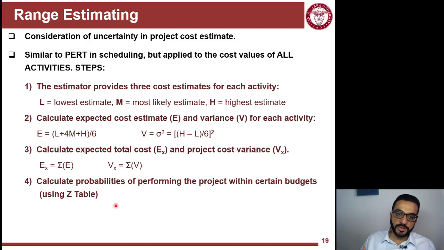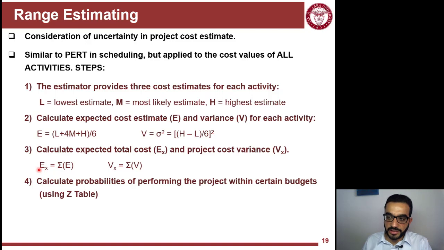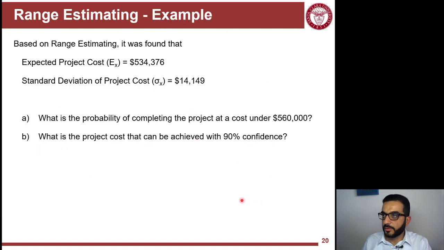What will be the probability of having the project cost less than this budget? Or what's the probability of having a cost overrun when my budget is this? So there are many probability questions you can answer once you end up with the EX and VX, the expected and the variance values for the project total cost.